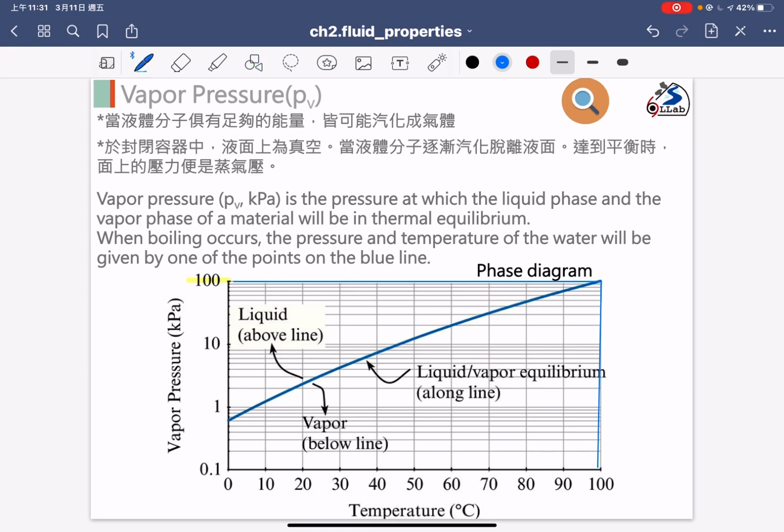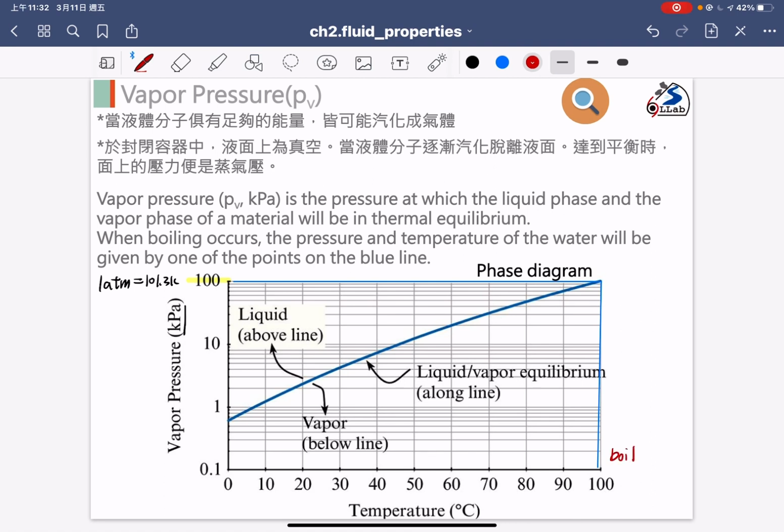Okay, as we know, the number 100 is around 1 atm, right? Because 1 atm is equal to 101.3 kPa. You see the unit here is kPa. So this is our environment, 1 atm. Based on the phase diagram, at 100 degrees we usually call that the boil temperature.